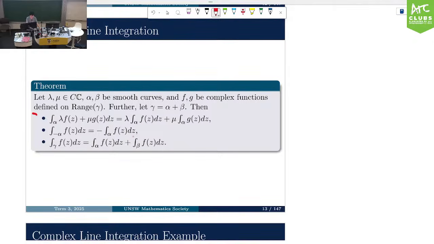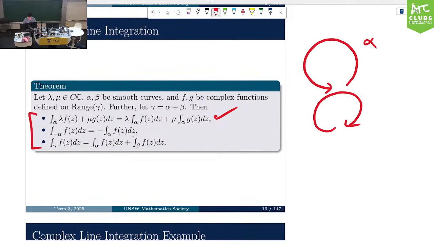So some nice properties also carry over. For example, the integral of a sum is the sum of the integrals. And we can also integrate in another direction. For example, if I have alpha, just a random contour alpha, and we're integrating in the opposite direction, we don't have to do all the parameterization again.